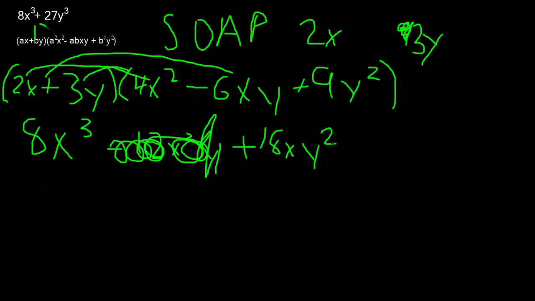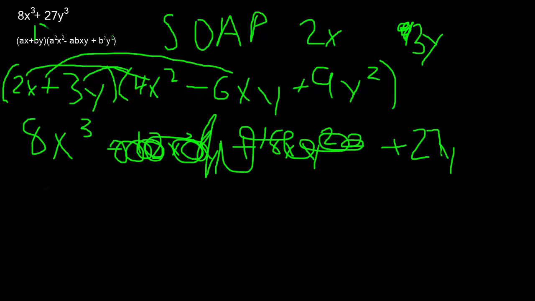The 6x, then minus 6xy times the 3y, which would be minus 18xy squared. So the same thing, just negative, so that cancels out. And then we would multiply the final terms together. Plus 27y. Oh, forgot the 7. 27y cubed.